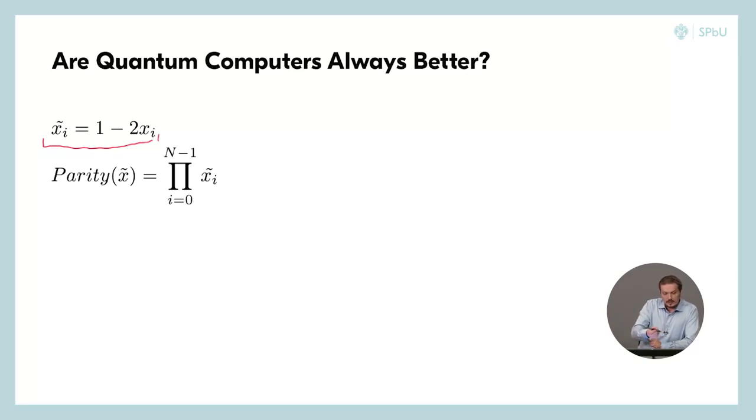And let's consider the function parity, which maps functions to 1 bit. It accepts as a parameter this long string of function values, and it computes the product.